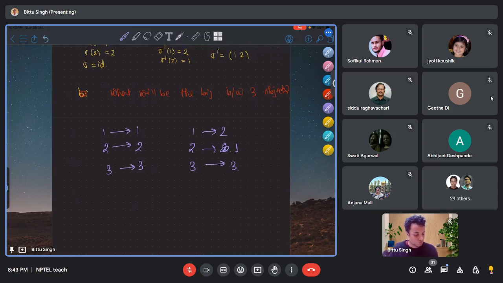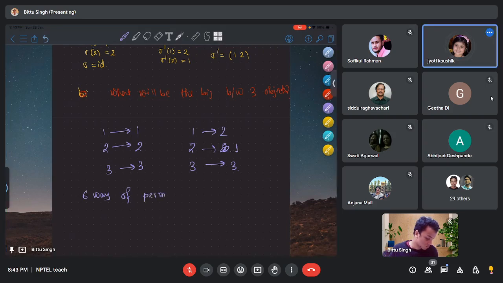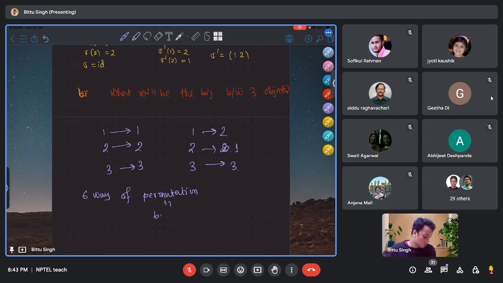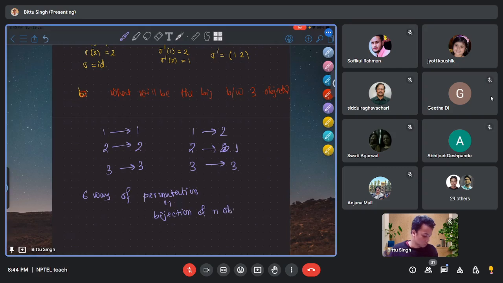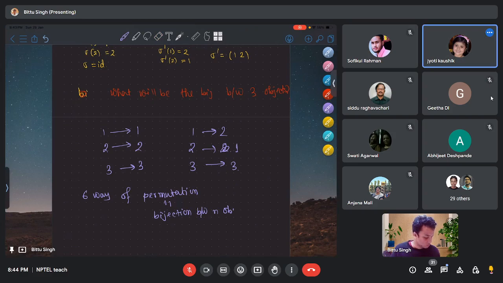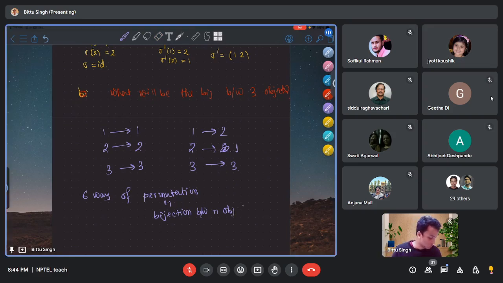So there are 6 ways of permutation. Permutation is nothing but a bijection of n objects. That is a bijection between n objects to n objects.